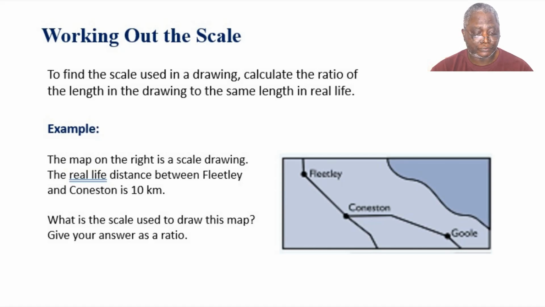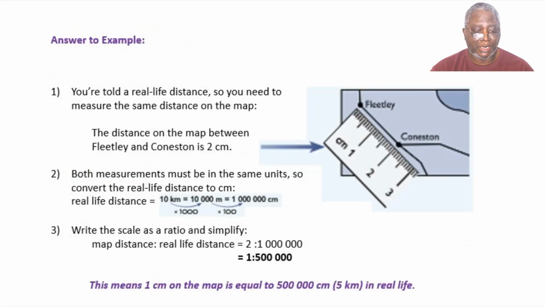For example, the map on the right is a scale drawing. The real life distance between Fleetley and Cornerstone is 10 kilometers. We know that now. What is the scale used to draw this map? Give your answer as a ratio. You're told a real life distance, so you need to measure the same distance on the map.